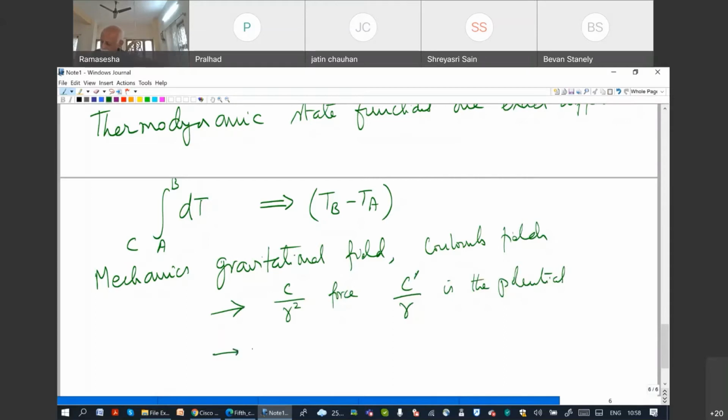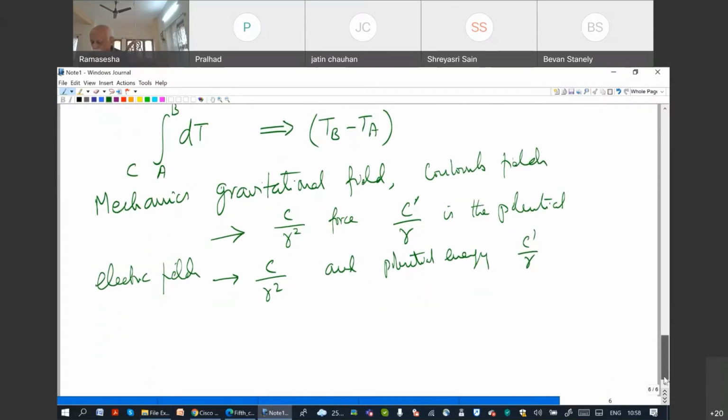Similarly, in electric fields, the force is given by some C by r squared, and potential energy is given by some C prime by r.